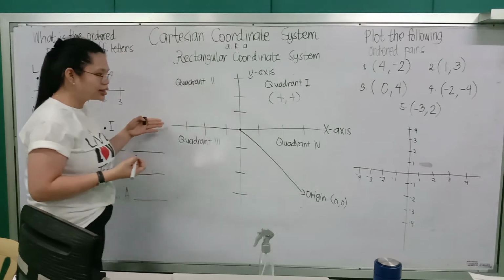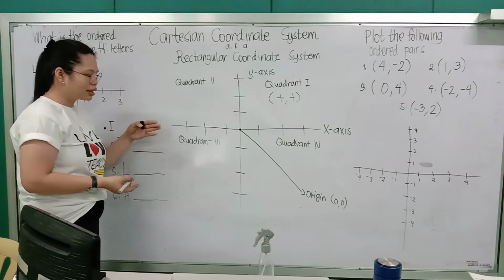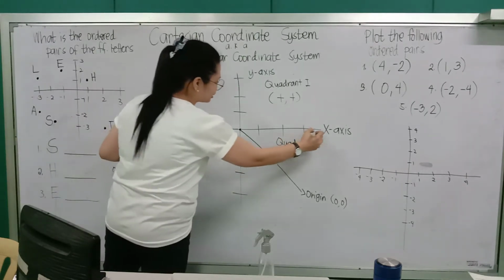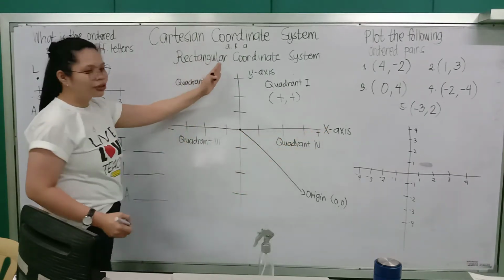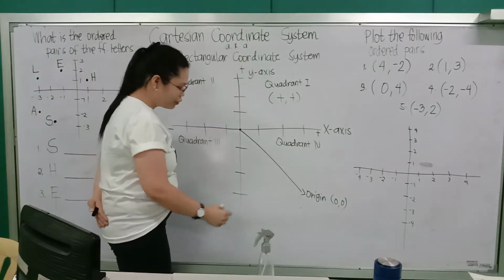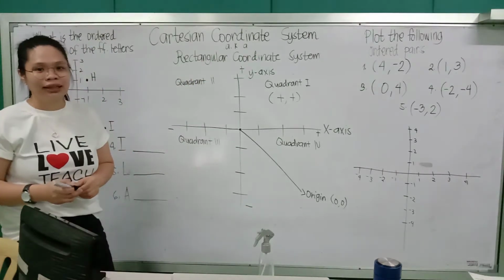Next, on the left, which is still the x-axis, this is the negative sign, and this one is positive. In the y-axis, the upper part is positive and the lower part is negative.